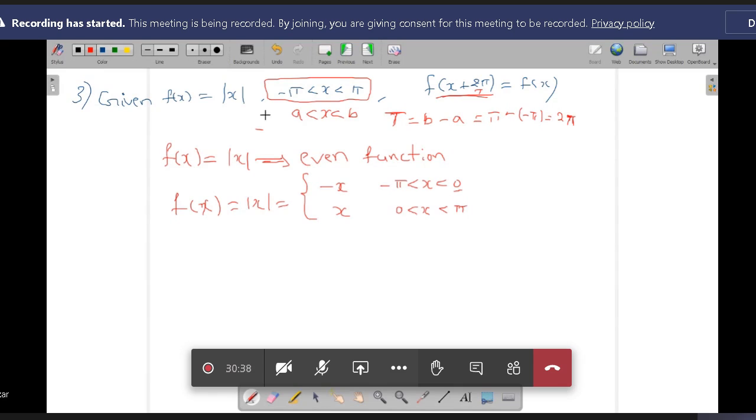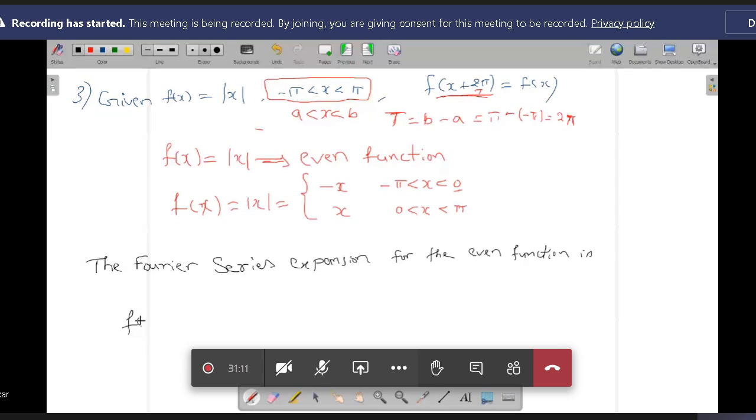Now since it is an even function, the Fourier series expansion for the even function is, so what is that?